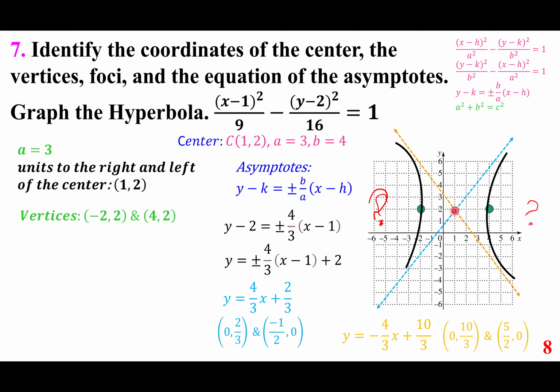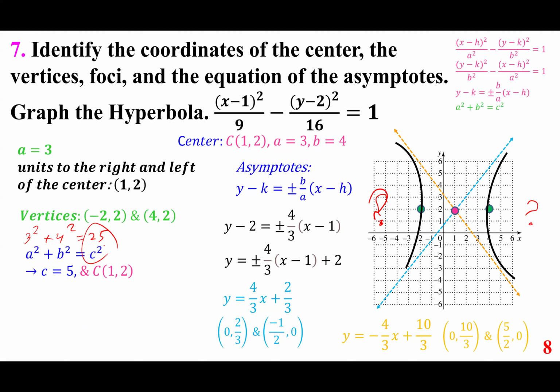We are going to go c units to the right. So let's find the c. a squared plus b squared equals c squared. 3 squared plus 4 squared, that means 9 plus 16 is 25.